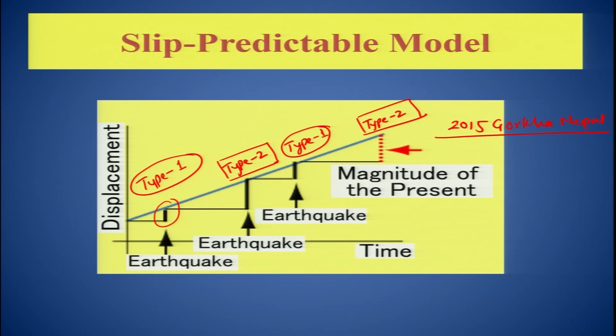So what the scientific groups believe is that this was like 7.8 or so, so the next event will be very much similar to the 1934 earthquake, and this was magnitude 8.2 or so. So you can predict the next big earthquake based on the slip prediction.